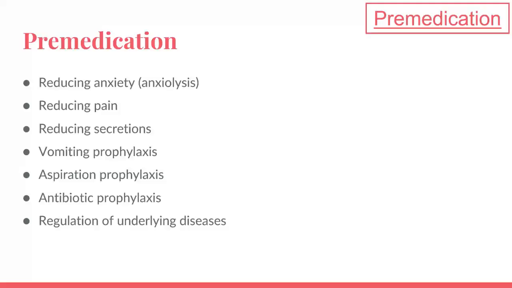In addition to assessing the patient and choosing the correct anesthetic procedure for them, of course, we have to obtain the agreement for the procedure. The anesthesiologist also usually orders premedication. Premedication is primarily associated with the administration of some pharmacological agents, but not exclusively.